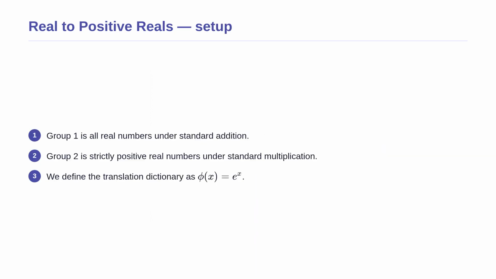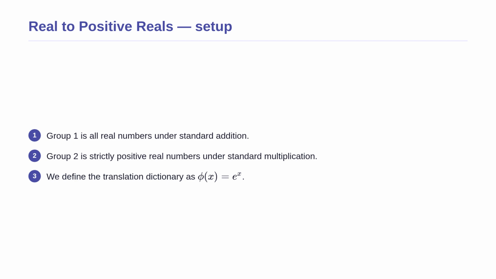Now that we have our formula and visual intuition, let us see this with a concrete example. We will look at a classic case involving real numbers. Our first group consists of all real numbers under the operation of standard addition. Our second group consists of only strictly positive real numbers under the operation of standard multiplication.